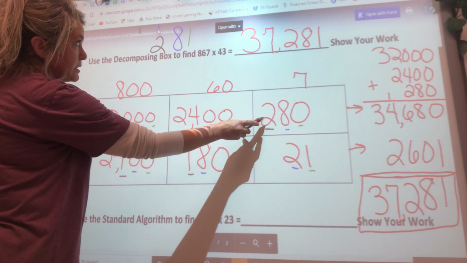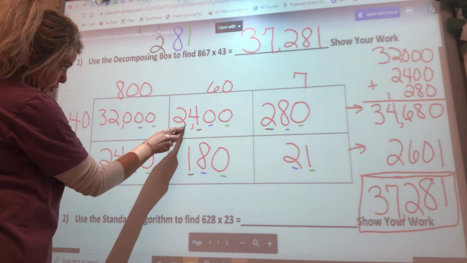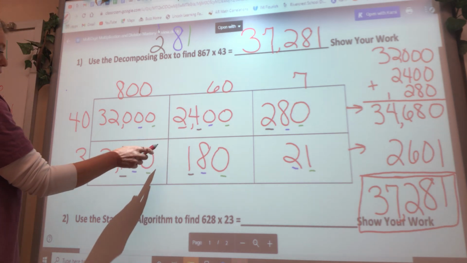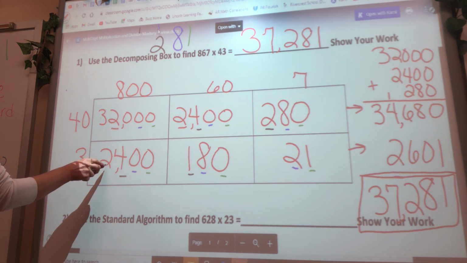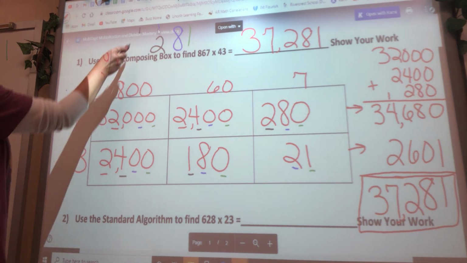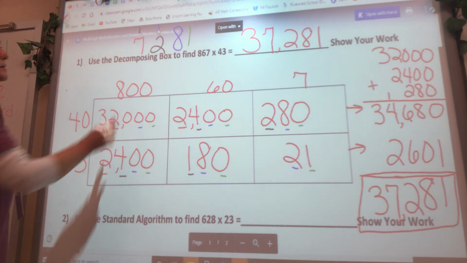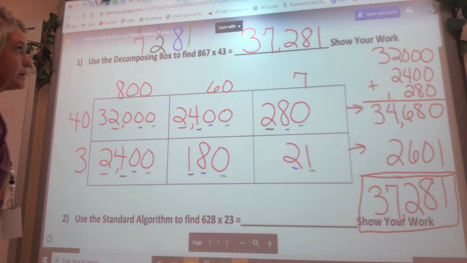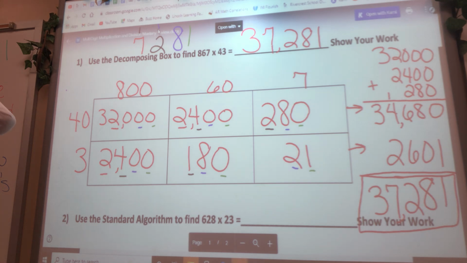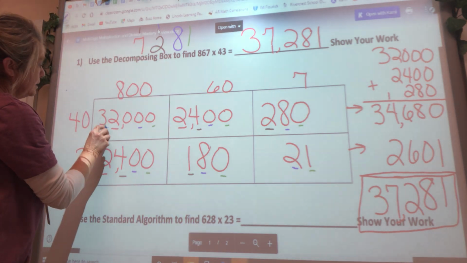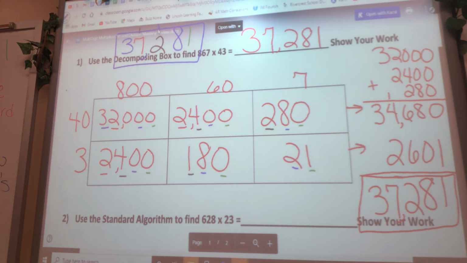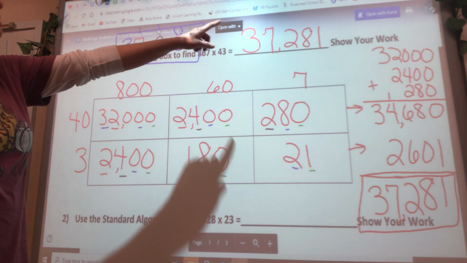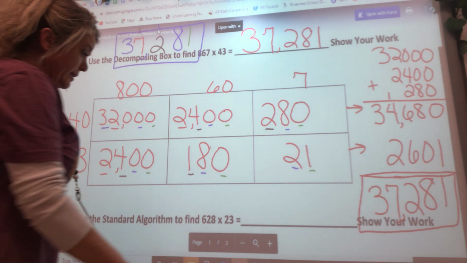I have a 2, which makes 4, I have a 2, which makes 6, and then I carried 1, which makes 7. And then finally I check my 10,000s place, and the only thing that I have is a 3. So my final answer when checking my place values is still 37,281. That way I know I got it right.